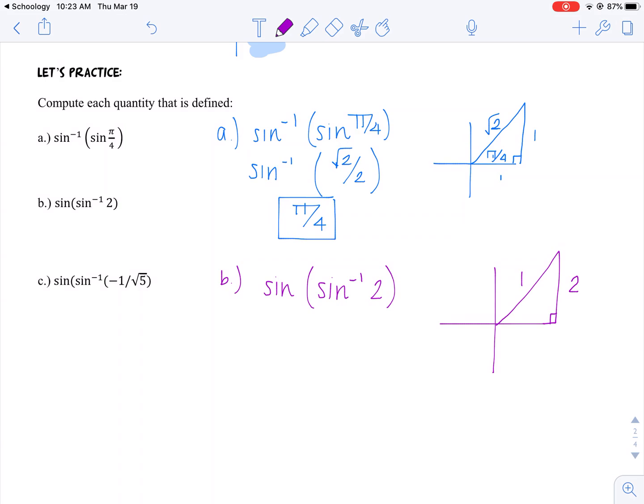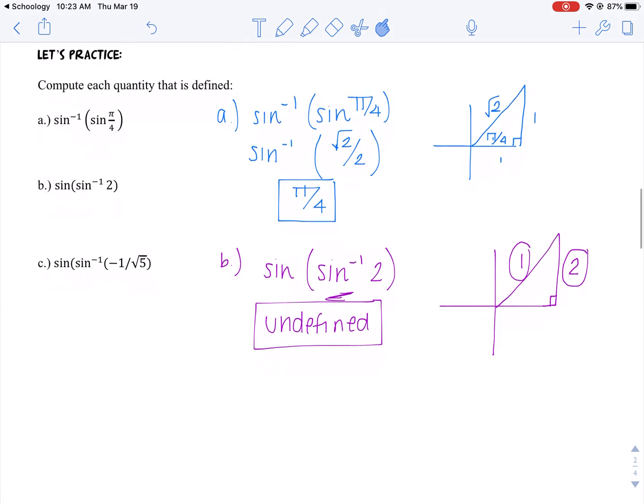So I need to find an angle that has a sine of 2. Now something should be jumping out to you. Can your side be bigger than your hypotenuse? No. Right? The hypotenuse needs to be the biggest side. So in this case, you can't solve it. This is done. You can just write undefined. It is not possible.